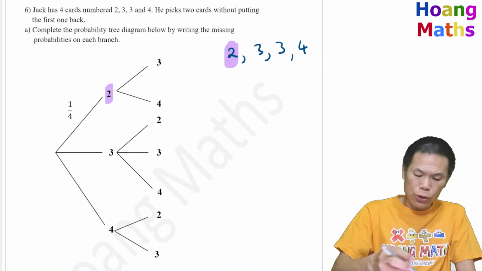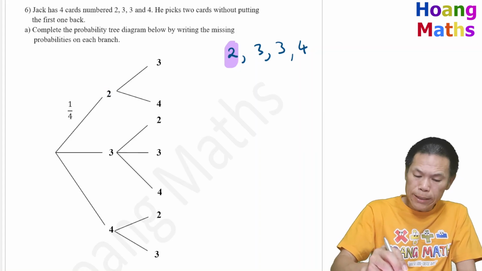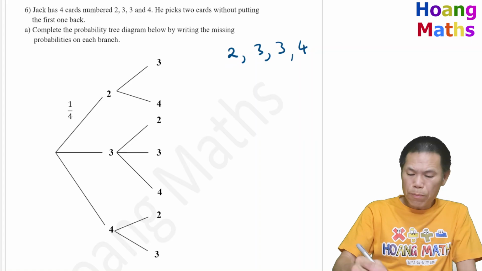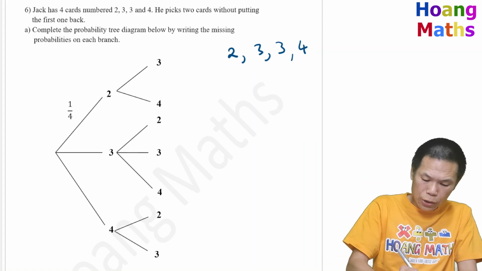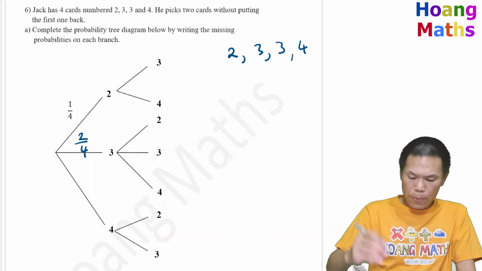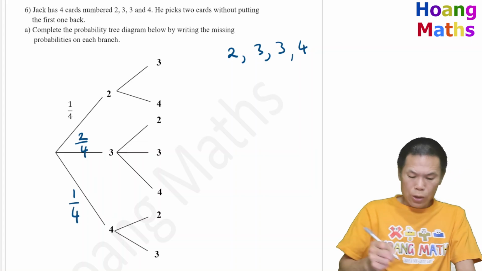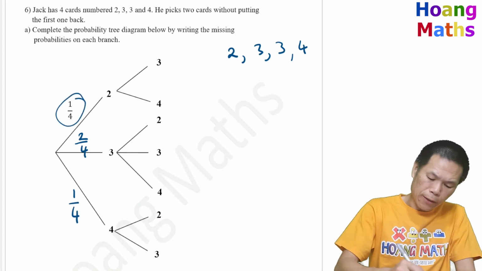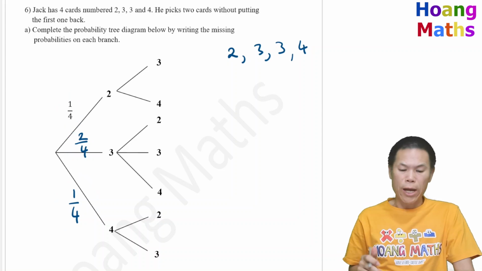So the probability getting a 2 is a quarter. Then the probability getting a 3 will be 2 out of 4, because there are two 3s all together. And the probability getting a 4 is 1 over 4. These fractions add together to give me 1 whole, so that means I'm correct.